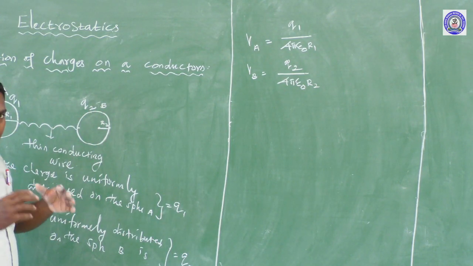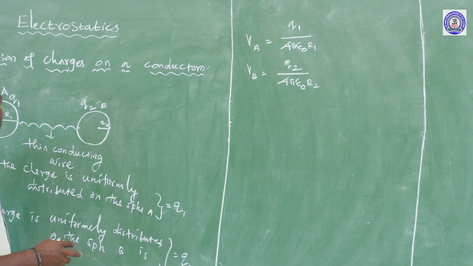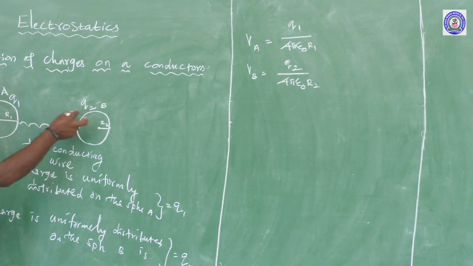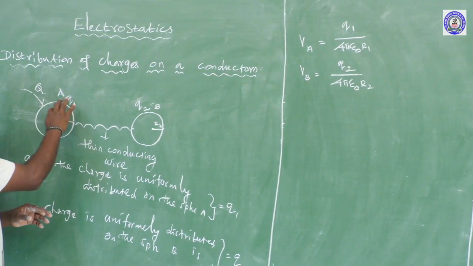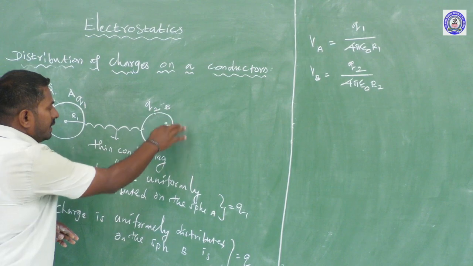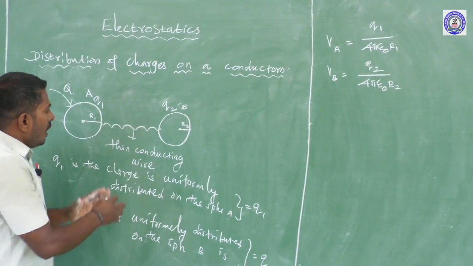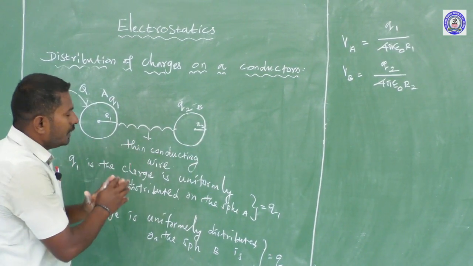So keep it in your mind: in the distribution of charges on a charged conductor, Q1 and Q2 are uniformly distributed on the surface of sphere A and the surface of sphere B. Both spheres attain the same potential.